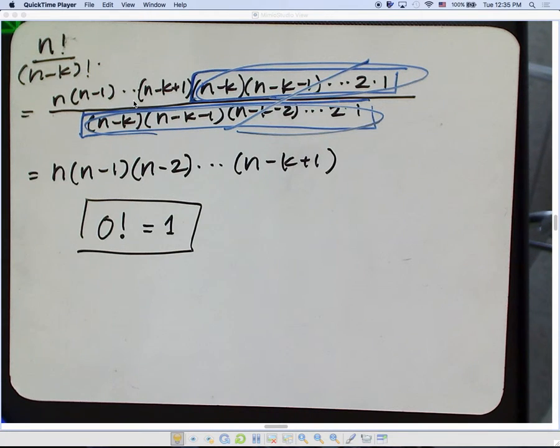Let's say you have 5 baseball cards. How many different ways are there not to pick anything? One way: pick nothing. That is still one way of picking. So we say 0 factorial equals 1, and that makes sense of the computations. So 0 factorial is not equal to 0. It is 1.